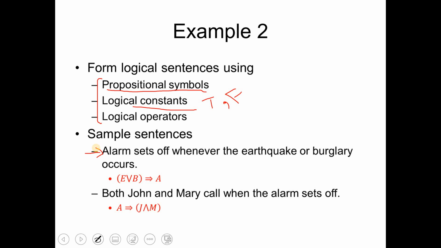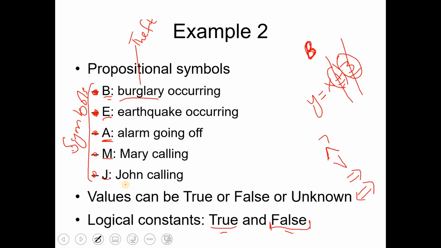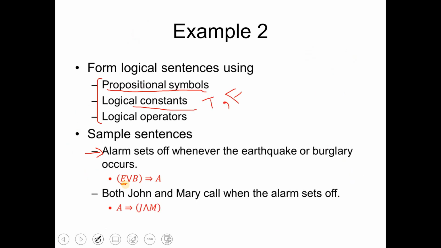So here is the sentence written in propositional logic. E was for the earthquake. B was for the burglary. Sorry, alarm is A. So alarm will trigger whenever there is a theft, burglary, or the earthquake occurring.